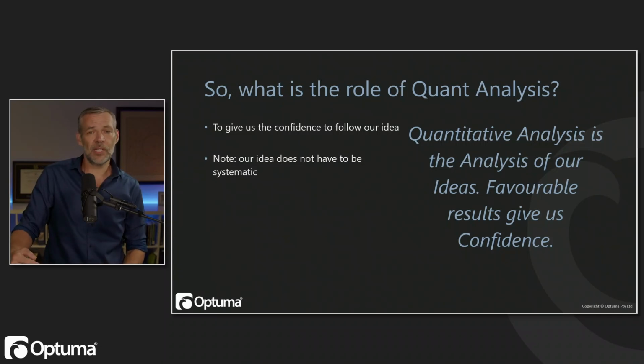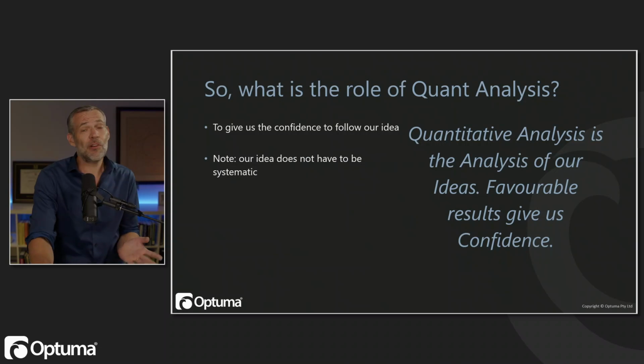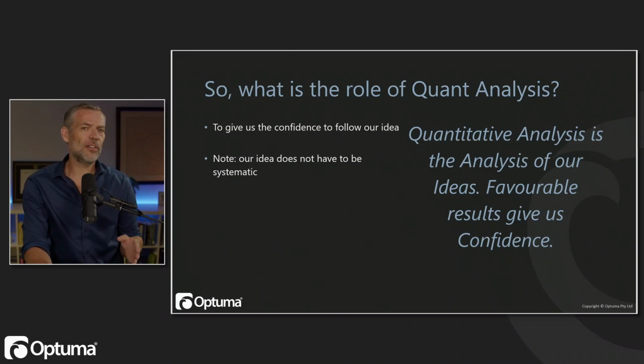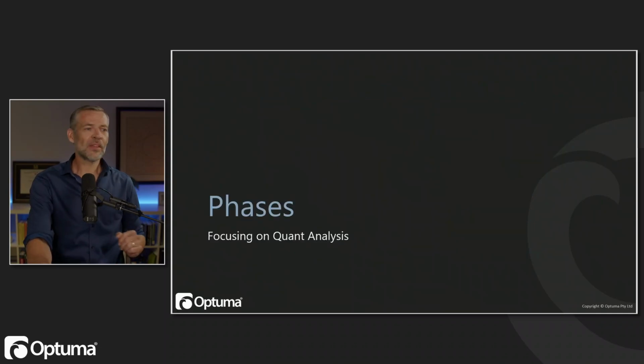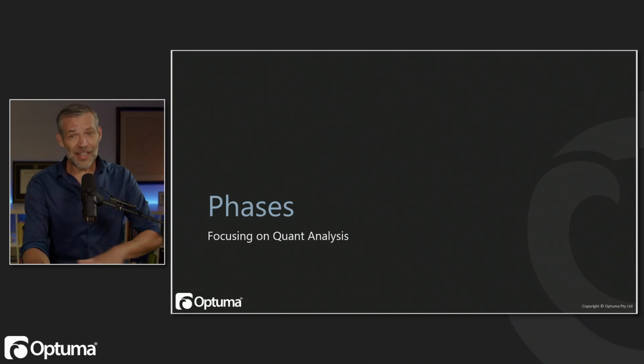Then I can develop quantitative testing on all of those signals. I could do it manually. It would be a hard process, but I can still do it. That doesn't mean that only systematic ideas can be quantitatively tested. Right, so that's leveling this idea.